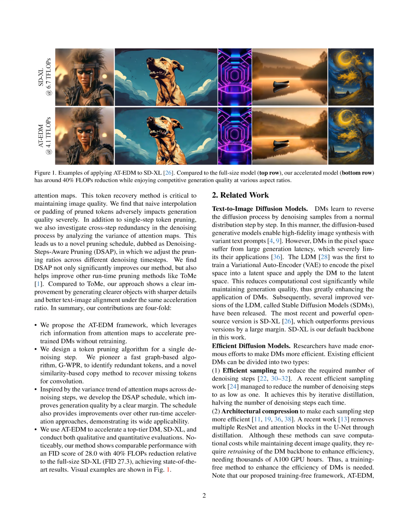By strategically choosing which attention blocks to skip token pruning in, DSAP enhances the efficiency of the denoising process and improves the overall image quality by accurately identifying and retaining important tokens while pruning redundant ones. This approach optimizes the pruning strategy across different denoising time steps, leading to clearer objects, sharper details, and better text-image alignment, ultimately enhancing the performance of the AT-EDM framework.